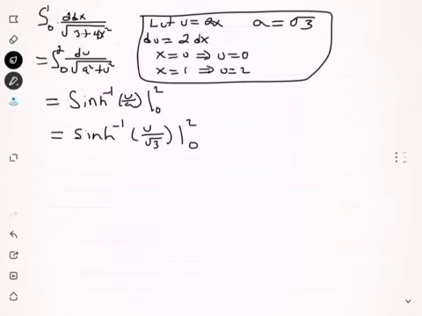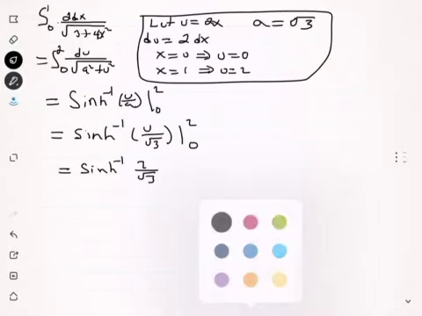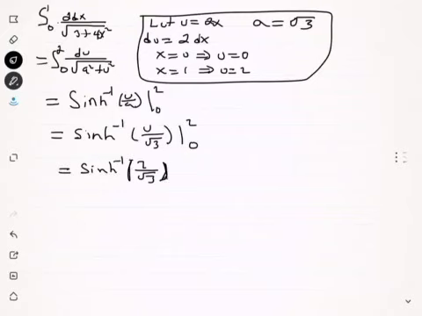And this would be the hyperbolic sine inverse of 2 divided by the square root of 3. And that's it.